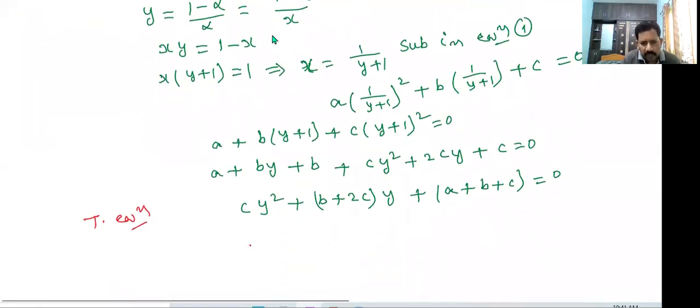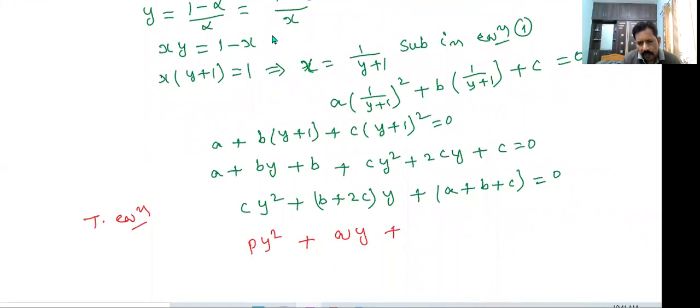Already the given equation is px square plus qx plus r equal to 0, but the transformed equation in terms of y is py square plus qy plus r equal to 0. By comparing these two, tell me what is the r value?